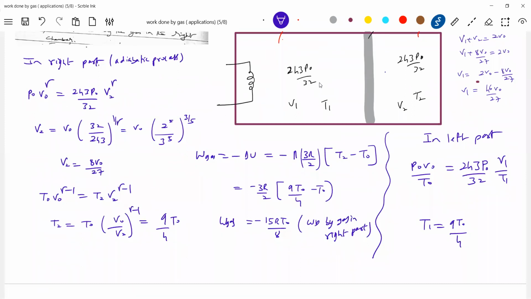How come both are the same? Sir, it is 217 T naught by 16, sir. 207, sir. 207 T naught by 16. Not 217. No, sir. Okay, check one's answer. 207 only, sir. Sorry, sir.